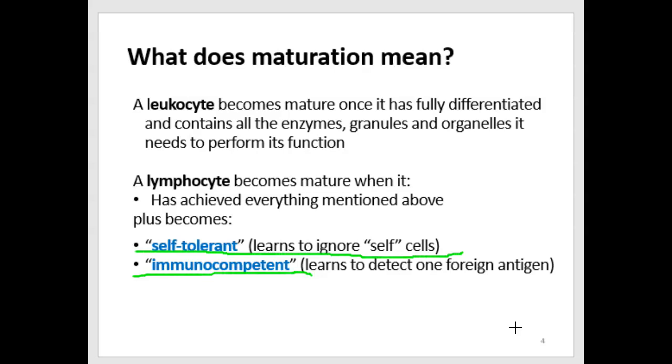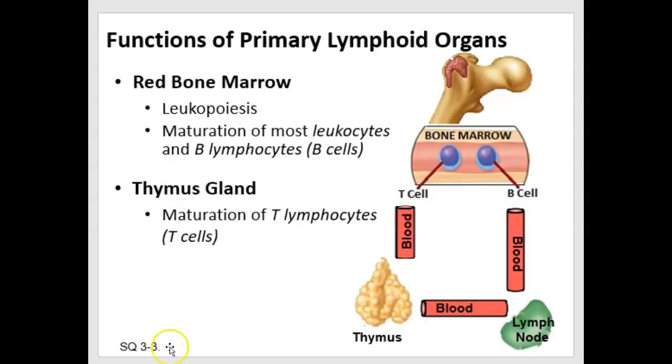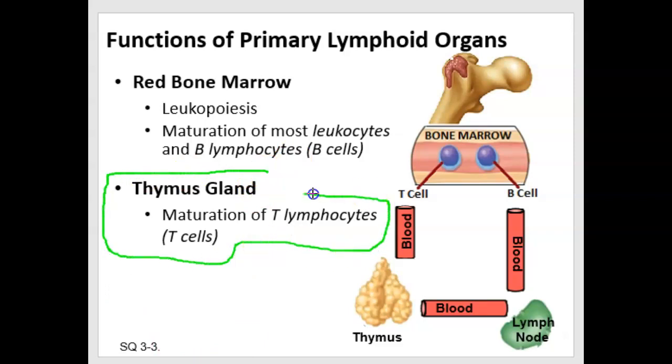Depending on the infectious agent, you'll have different lymphocytes that respond, not the same lymphocyte. We'll talk about that much more in the immune system, but I wanted to explain why the thymus is listed here. It's because this is where T lymphocytes learn to become self-tolerant and immunocompetent and fully mature.